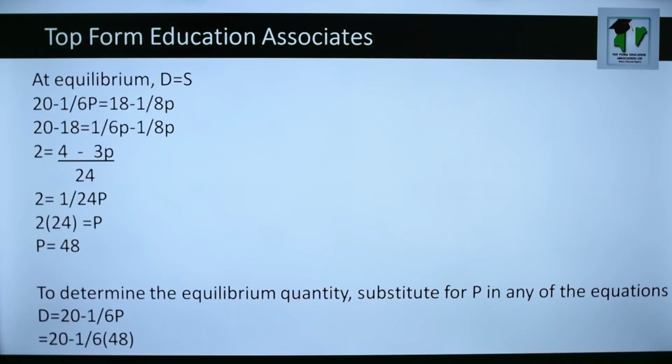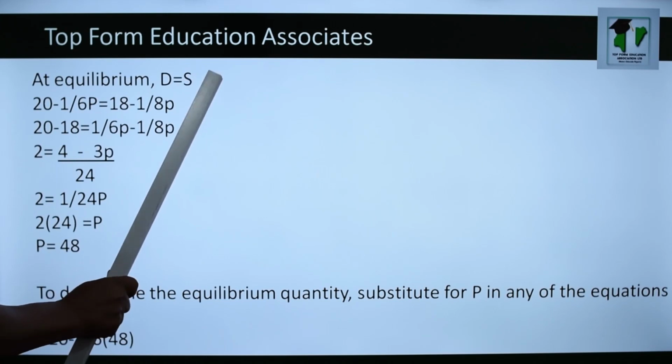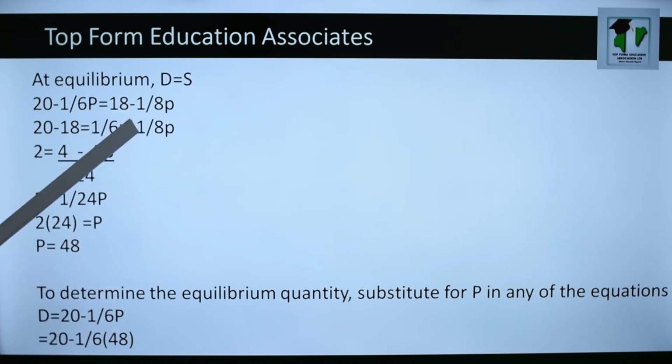At equilibrium, I've taught you that just one thing you must always know is that when you are asked to calculate the equilibrium price and quantity, first of all, you tell them, at equilibrium, what happens? That quantity demanded is equal to quantity supplied. Just write out the formula. And then you start substituting.